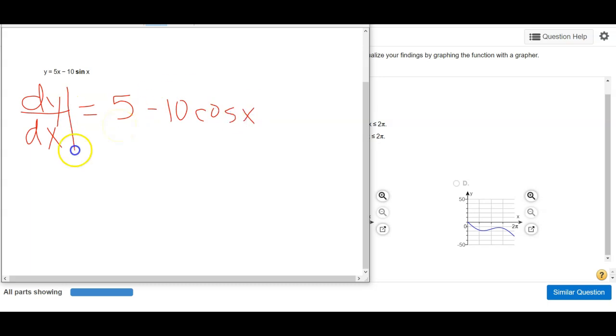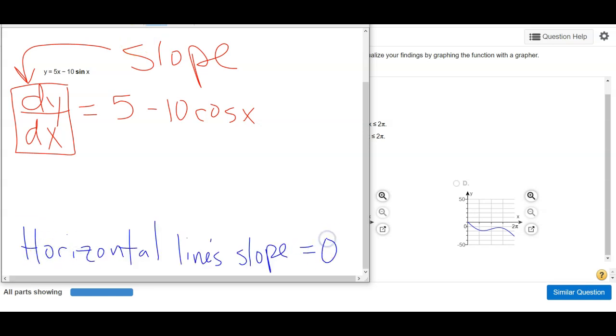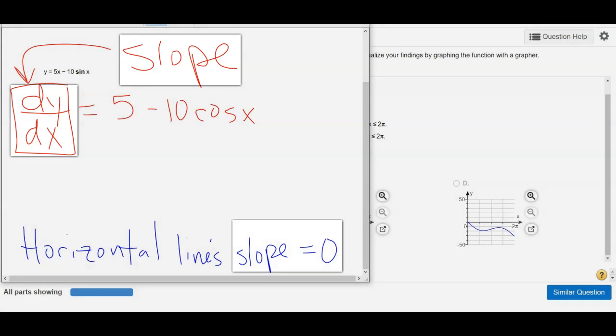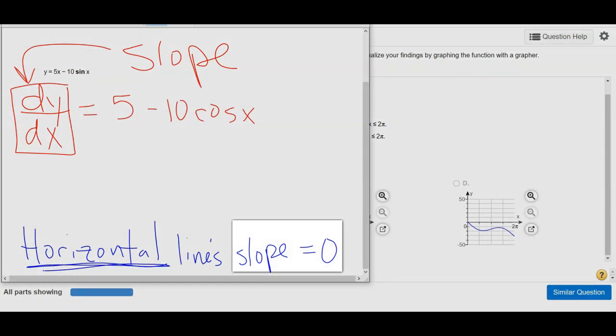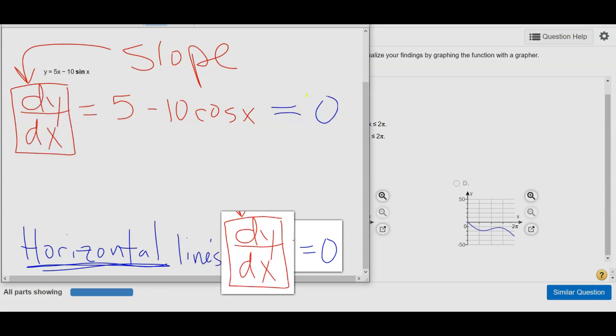Now remember, this is the slope of the tangent line. A horizontal tangent line, or any horizontal line, not just tangent lines, has a slope of 0. Since the derivative gives us the tangent line slope, and we want to know where the tangent line is horizontal, we set our derivative equal to 0.